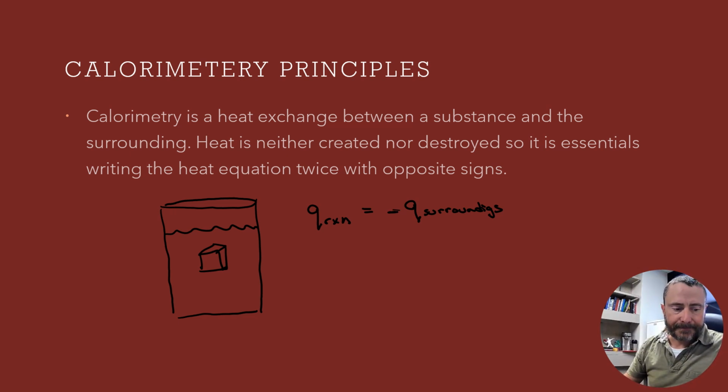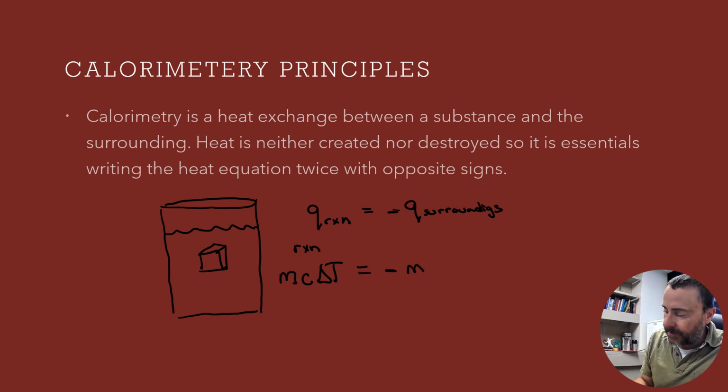So another way of saying this is because Q is equal to MC delta T, I can say that MC delta T for the reaction is going to be equal to negative MC delta T for the surroundings.